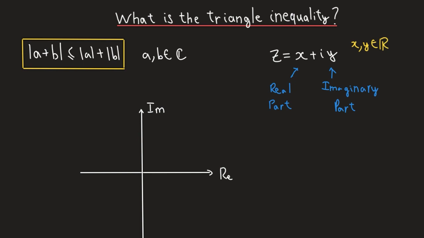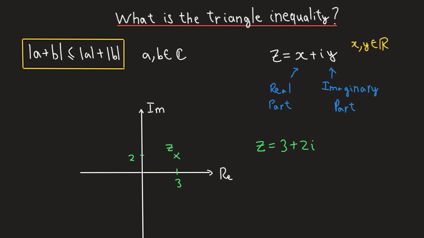Let's say, for example, that we have z equals 3 plus 2i. So 3 represents the real part of z, and if we say that 3 is over here in the real axis, and 2 is over here in the imaginary axis, well, we have z, which is placed over here.